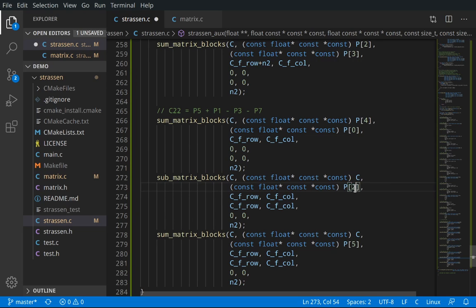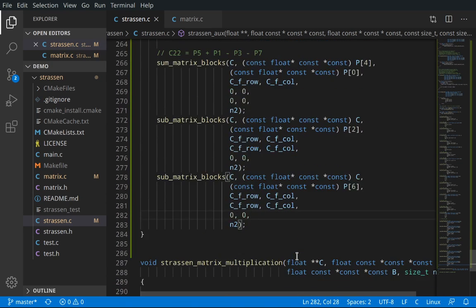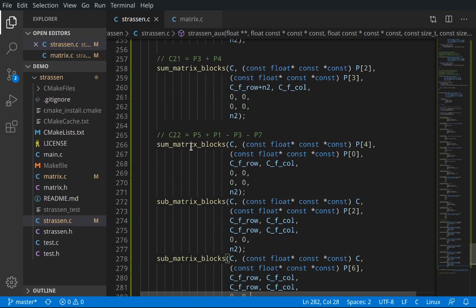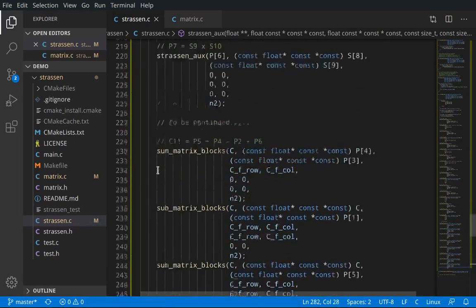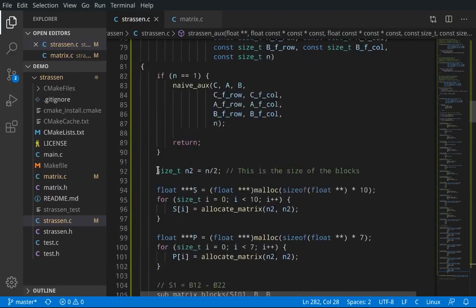P3, here we are, and this is it. And then we need to subtract P7, so this should be 6, it should be a subtraction, and everything should be fine right now. Okay, now this piece of code basically completes the computation of C, okay, and we are missing one little thing.